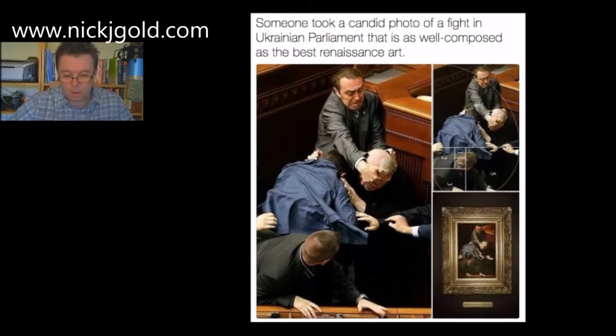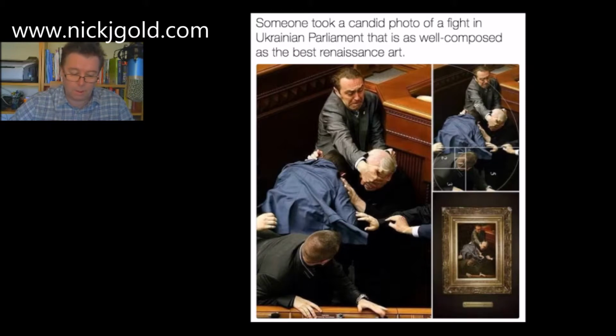There's a little diagram here, some lines drawn over the photograph that show how the painting adheres to the rules of Renaissance painting. There are a set of rules that were used by painters when they were deciding where to put certain figures on their paintings, and this painting fits very well these rules of composition.